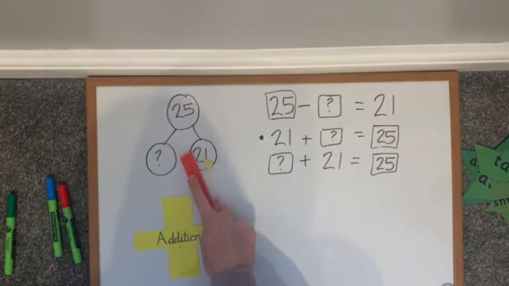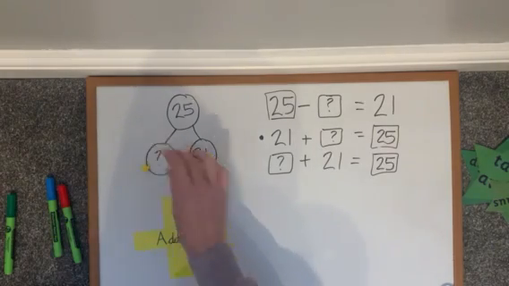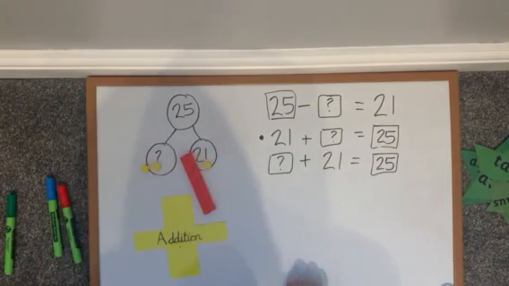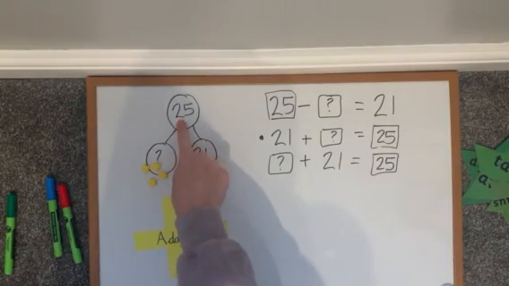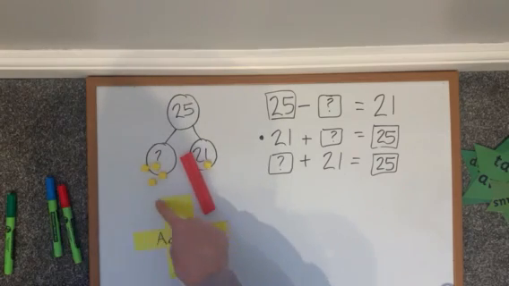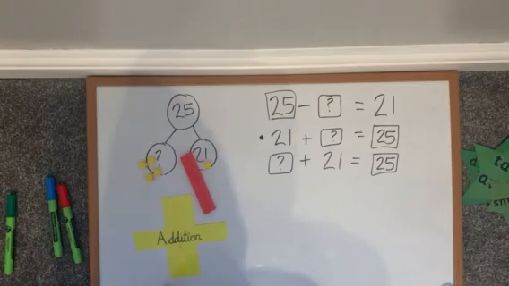So put 21 in your head, we're going to count on to the whole, to 25. 21, 22, 23, 24, 25. So I've reached the whole, so that means my missing part, I need to add 1, 2, 3, 4 more to reach 25.